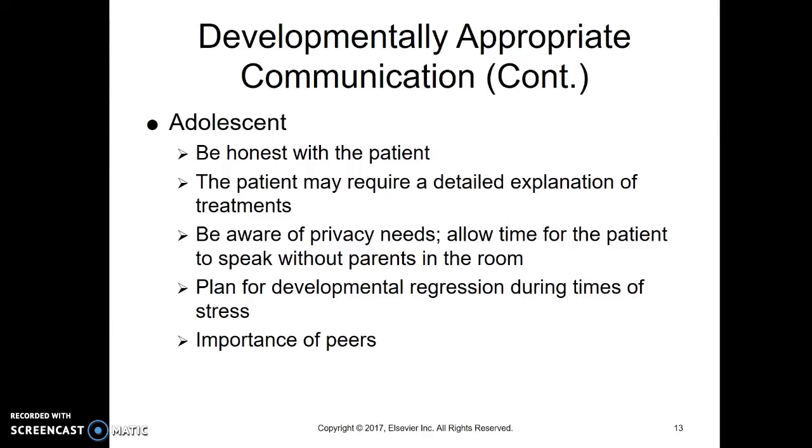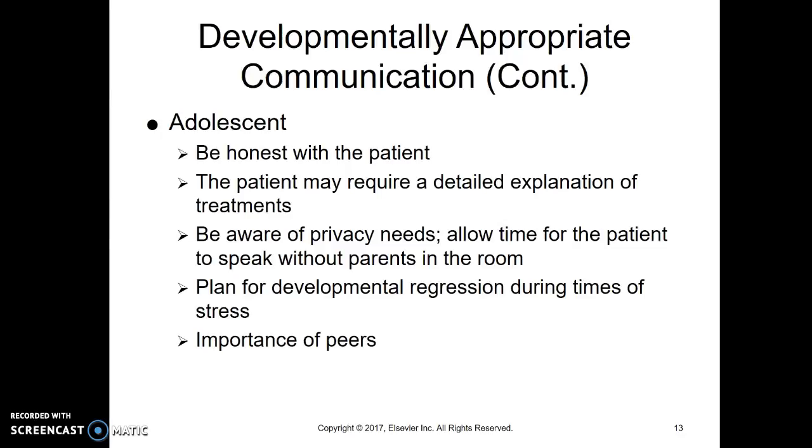So be honest and give them good, accurate information. Think about privacy. Make sure things that need to be asked in private, that you're making that private time for them. Because again, there's certain things you don't want to ask in front of the parents. You're not going to get a very honest answer.